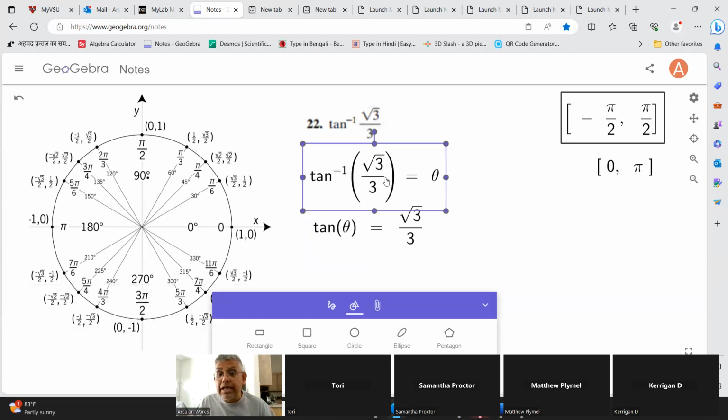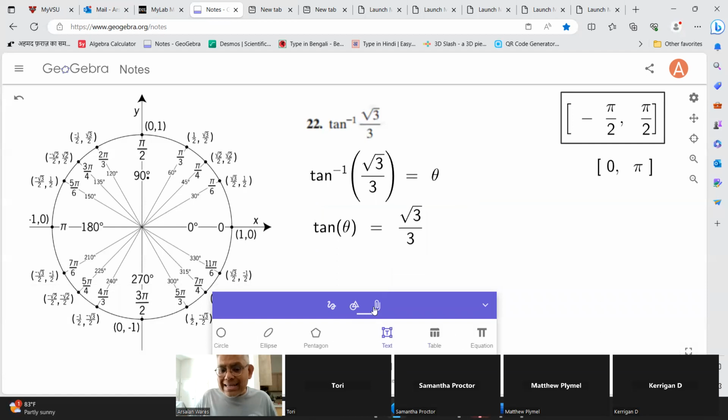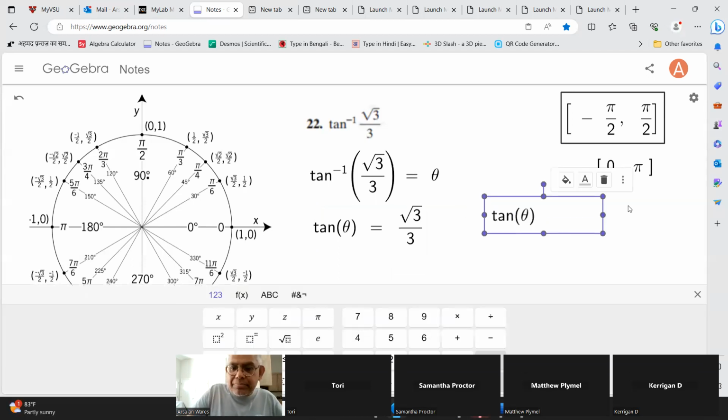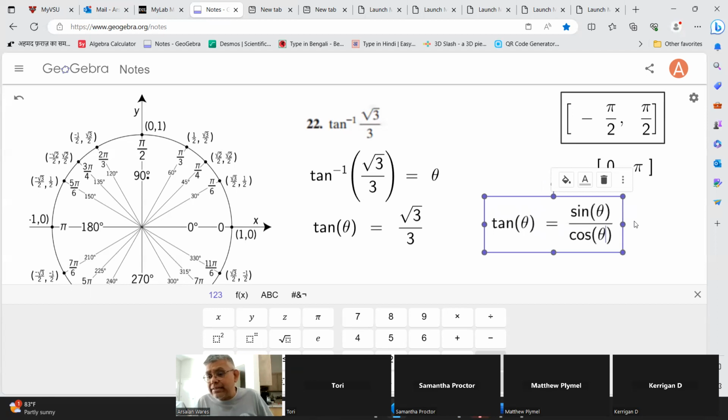Now you're going to say, oh, it's a little bit of work, because your unit circle doesn't show you the tan values right away. But remember, tan theta is simply sine theta over cosine theta. That's all tan theta is.